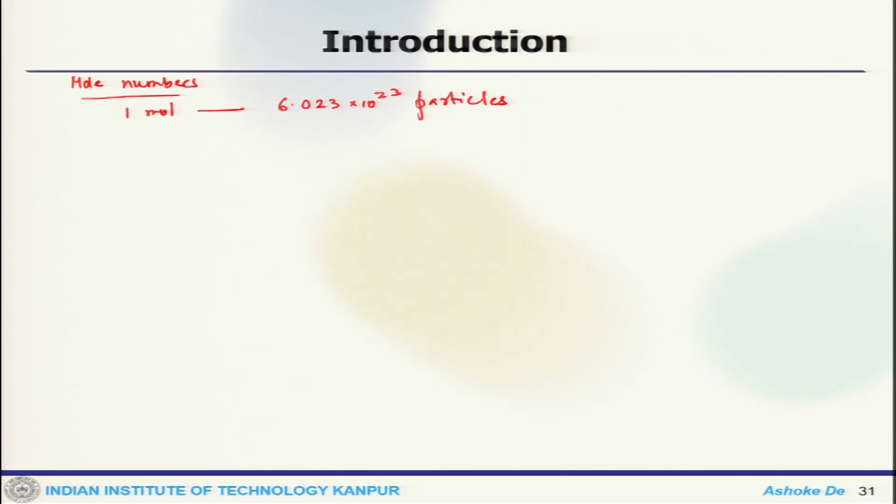So, this could be atoms, molecules, or any chemical species. This particular number is known as Avogadro's constant.